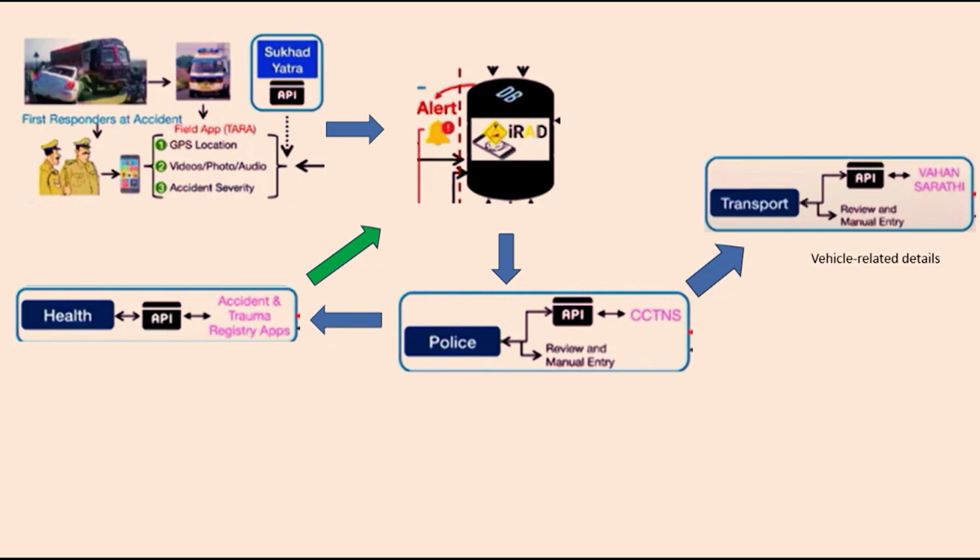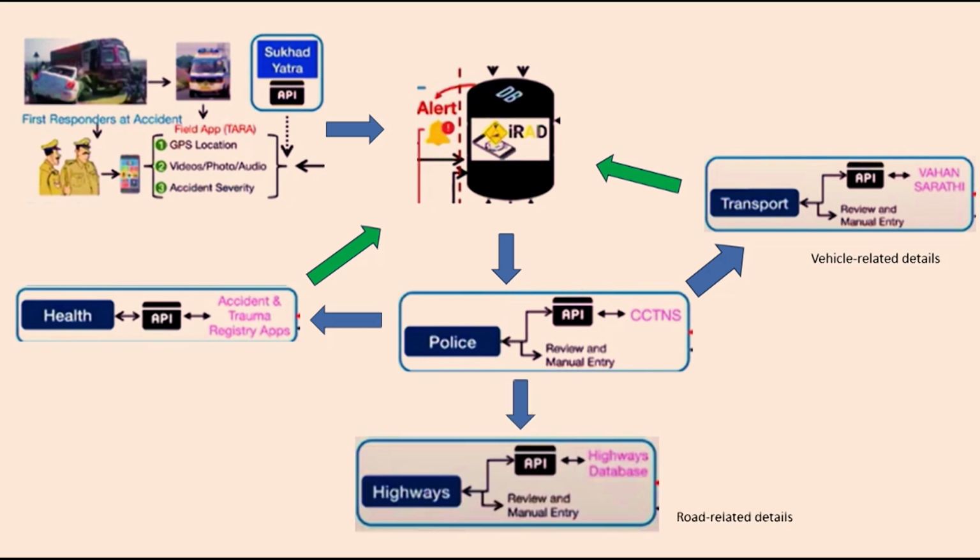In parallel, information will go to the transport department, and they will figure out vehicle-related details. With the vehicle number, using Vahan Sarthi, they will get all the owner's details, and issue a challan asking them to report all that information, and they will fill all those details back into this IRAD if there is some missing information.